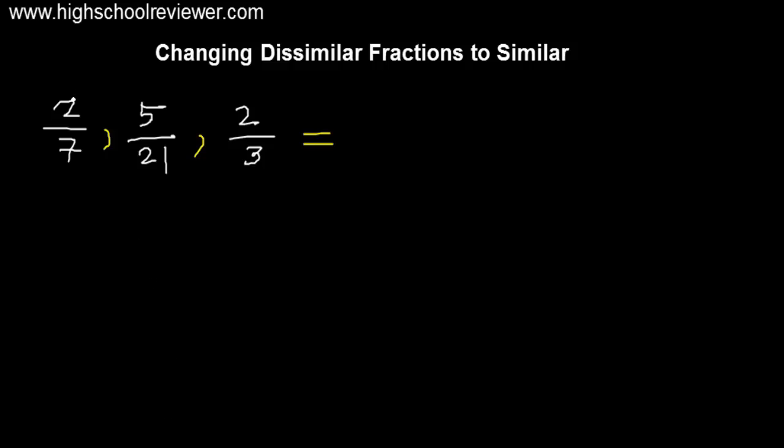To change these to similar fractions, first we need to find their least common denominator. Their LCD here will be their LCM also. So the LCM of 7, 21, and 3 is 21.